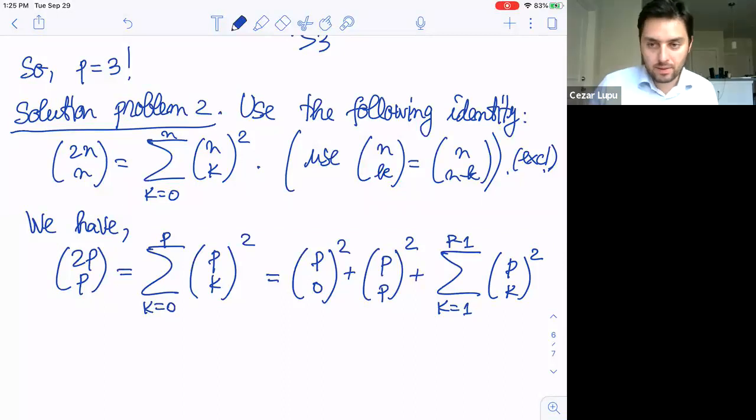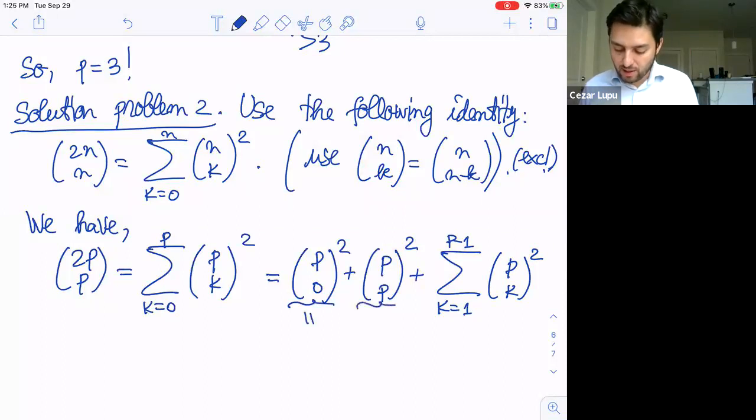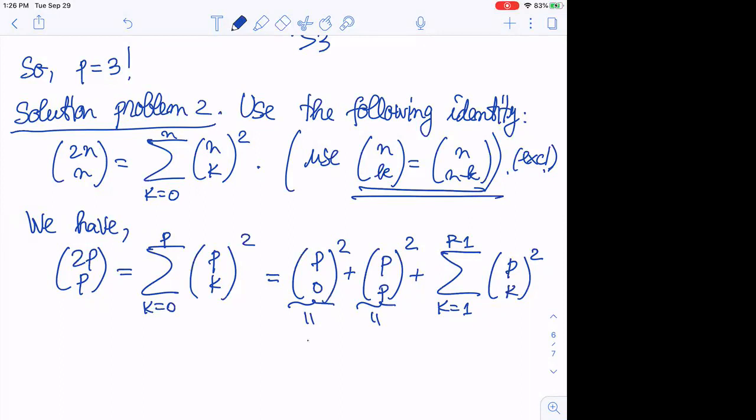All right, that's great. But now let's look at this guy. Can you tell me what this guy is equal to, or this guy? Based on the definition, this will be what? What is p choose 0? 1, I think. 1.